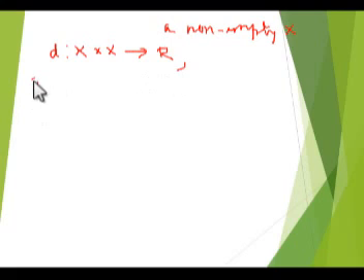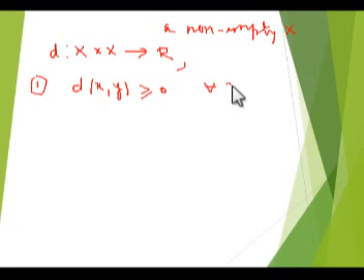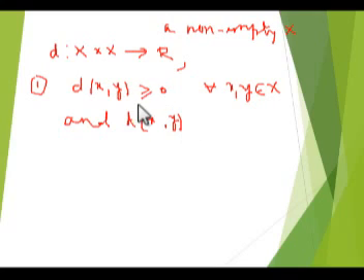The first property is that the distance between any two elements x, y in X must be greater than or equal to 0 for all elements x, y in X, and d(x,y) equals 0 if and only if x is equal to y. Otherwise, it is always greater than 0.